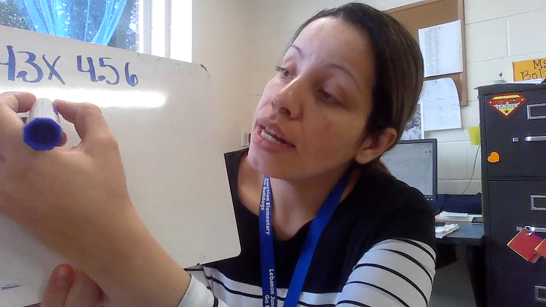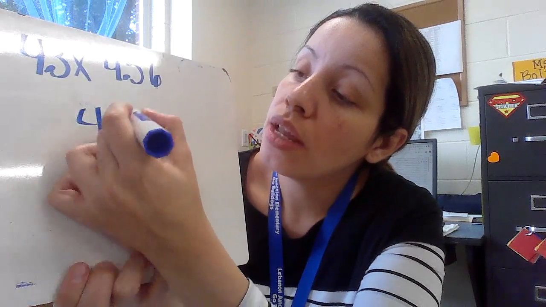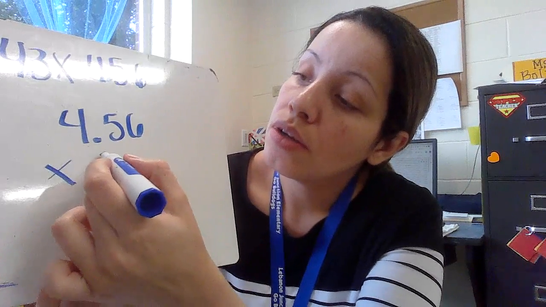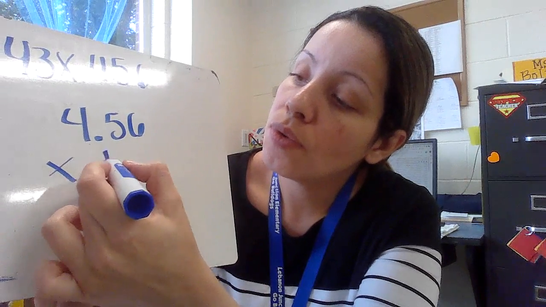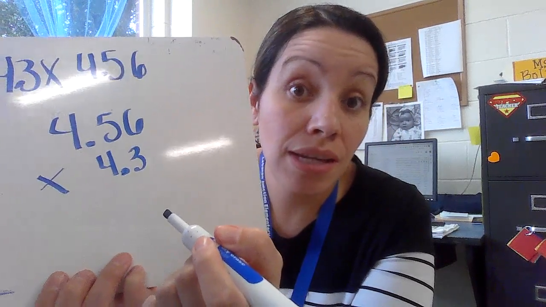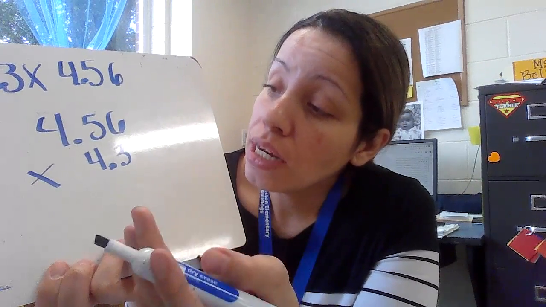So if I had 4.56 times 4.3, this is the only time that you don't need to line up your decimals, which is interesting. If you want to line up your decimals, you can.